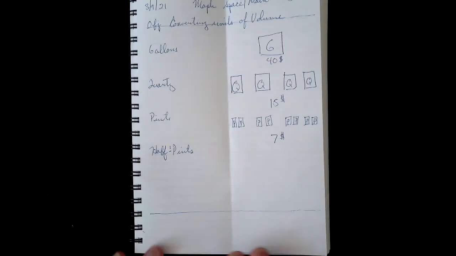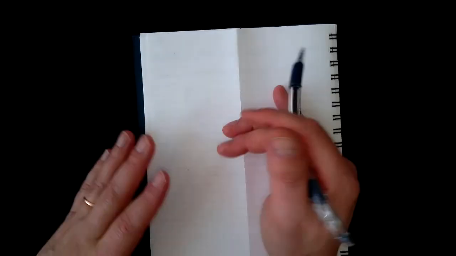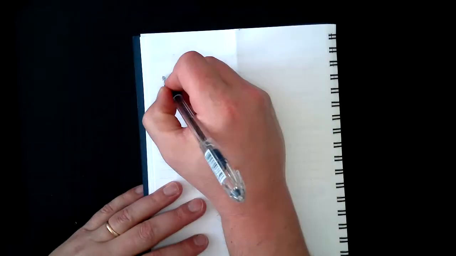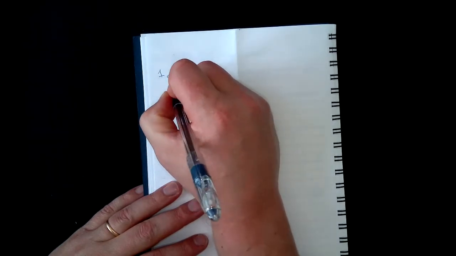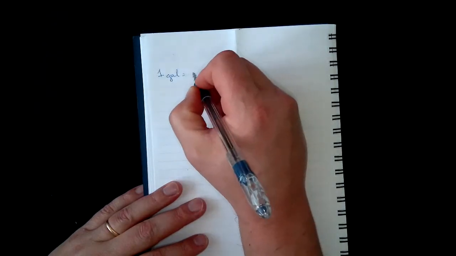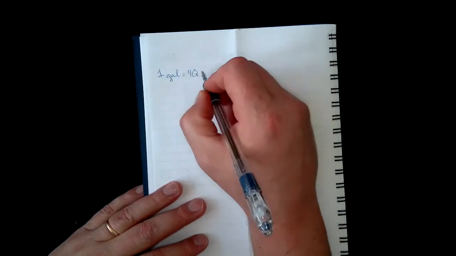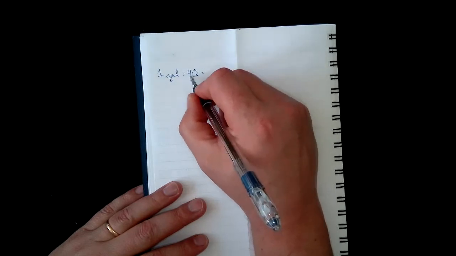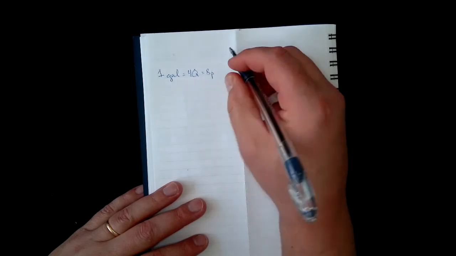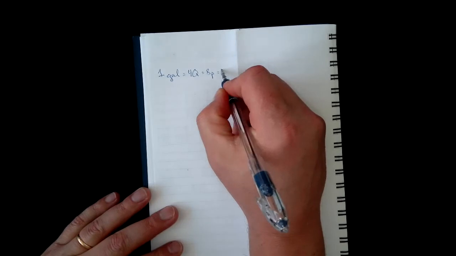So we've written our objective, our students wrote their objective, and then on the back of the paper, we use this, and we might write our formula for conversion. 1 gallon equals 4 quarts, which 4 quarts equals 8 pints, and so on. 8 pints is 16 half pints.